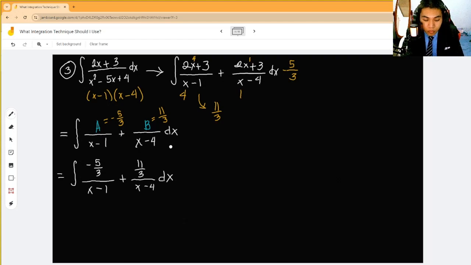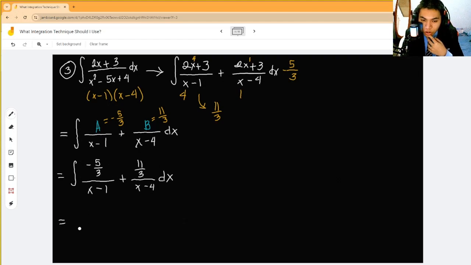Now we can take the constants out and perform u substitution. Since we can take this out of the integral, 1 over x minus 1 will give you an ln function if you do the u sub. You can do that in your head, and I'll just go straight to the final answer.